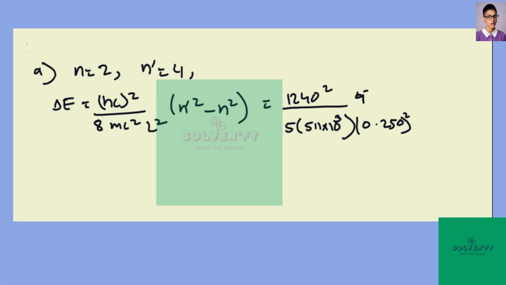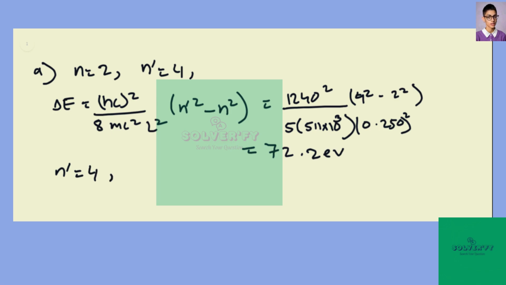So this is 4 squared minus 2 squared. This will give us 72.2 electron volt.